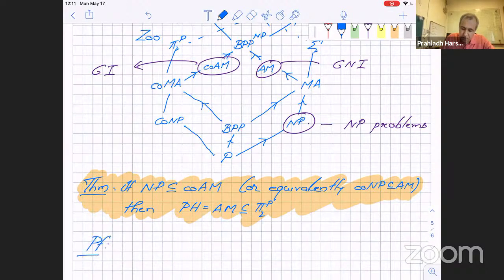Let's look at a sigma 2p statement. A sigma 2p statement looks like there exists some x for all y, p of x, y.